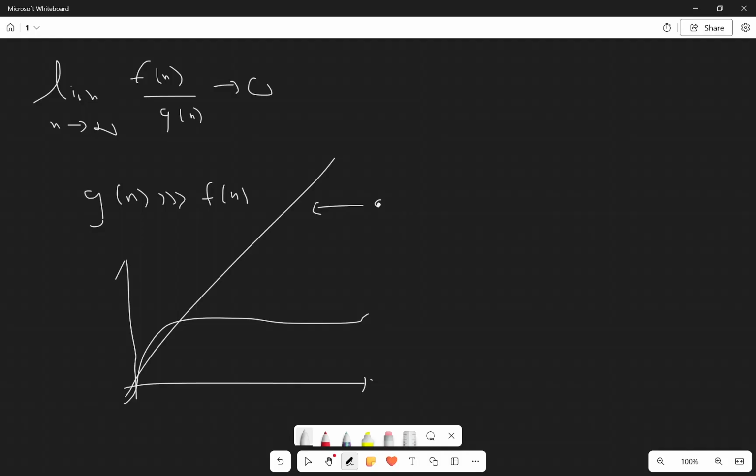You can draw whatever you want actually. This will be gn, and this will be fn. As you can see, gn acts as an upper boundary, so we can say fn is big O of gn. Just imagine that this is a huge difference, a big value over here, so we are around infinity.